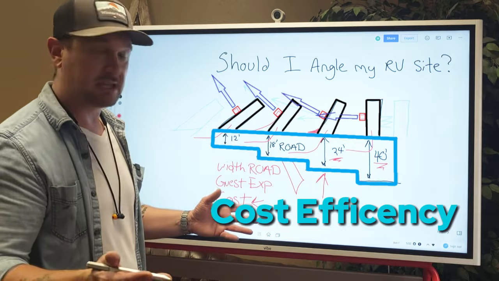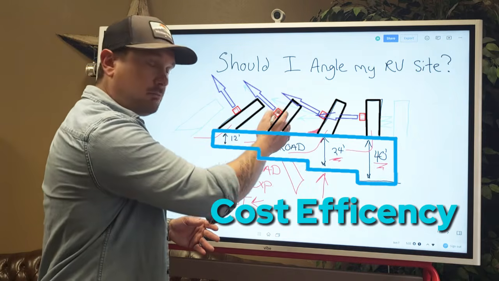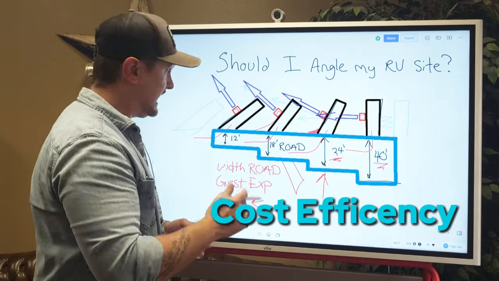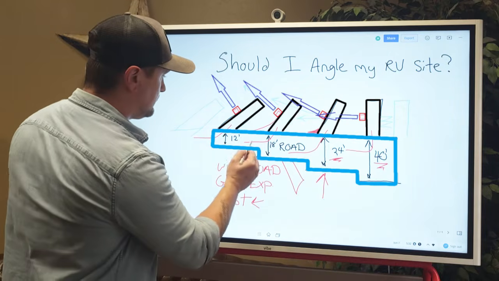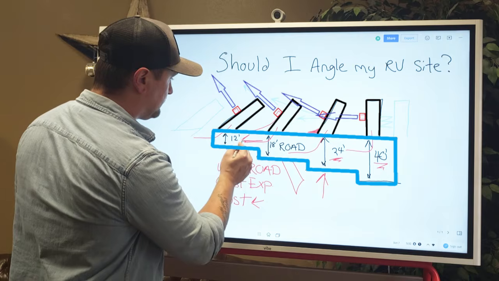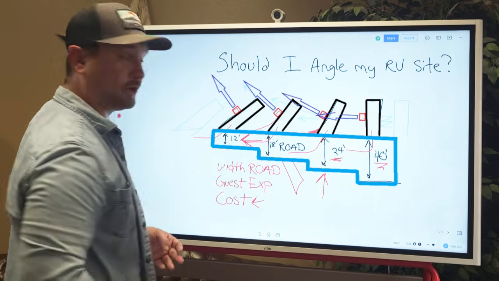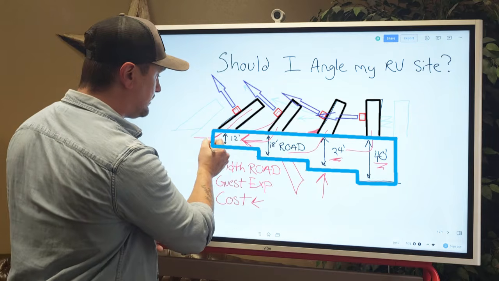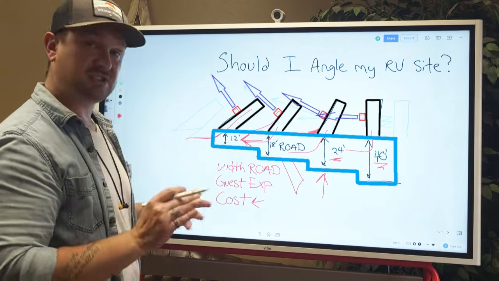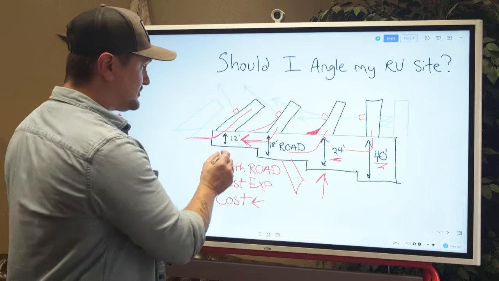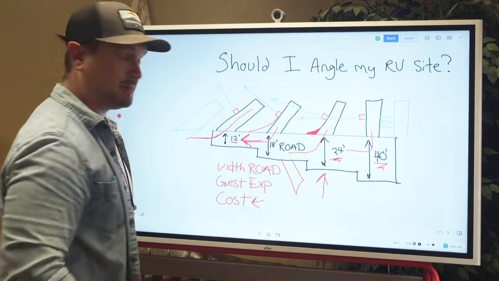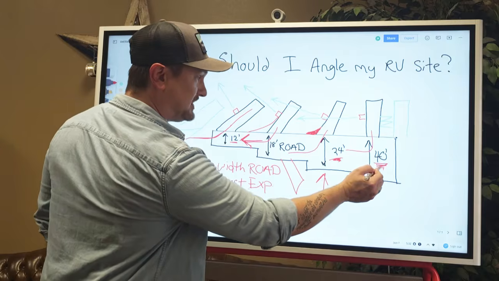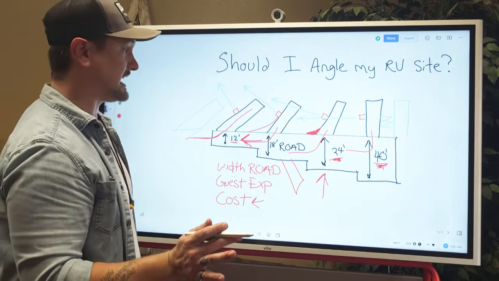Cost efficiency. The more the angle, the less width the road can be. And if you're doing one ways, you can go with the 12 foot, but you're going to have to put a steep angle on it, which is still fine because there's a huge difference between 12 foot, 24 foot, and definitely 40 foot sites.